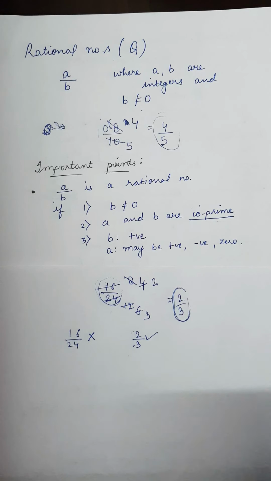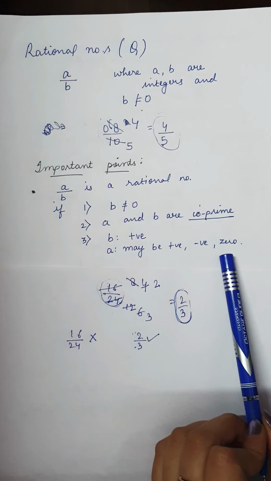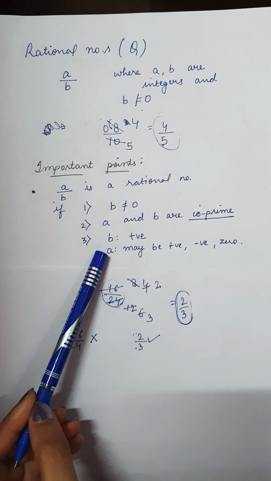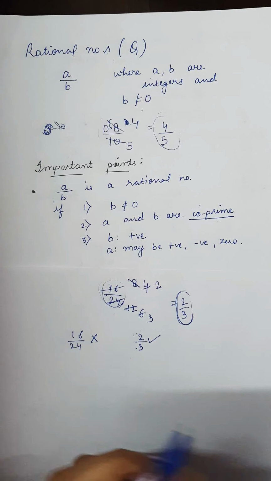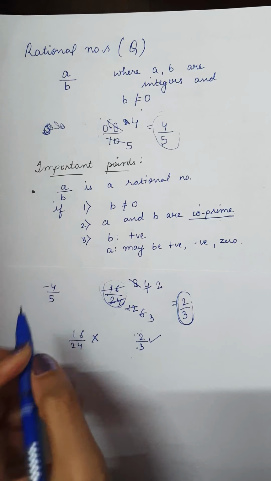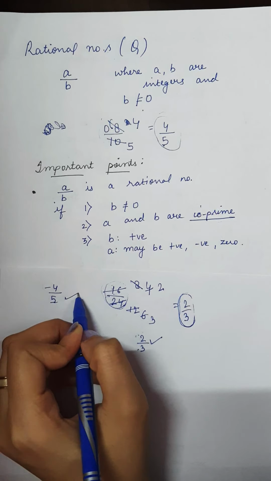Now the point number 3, B should be positive. A can be anything. Here B is the denominator and A is the numerator. So if I am writing say minus 4 by 5, numerator is negative, denominator is positive, no problem.